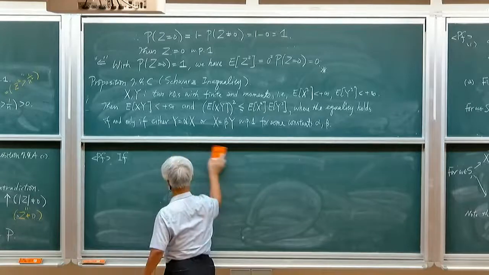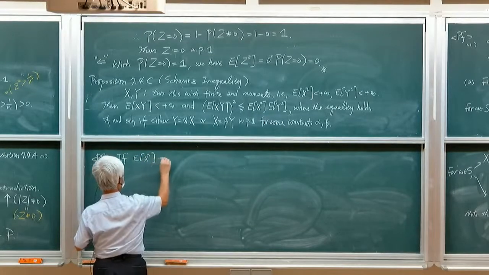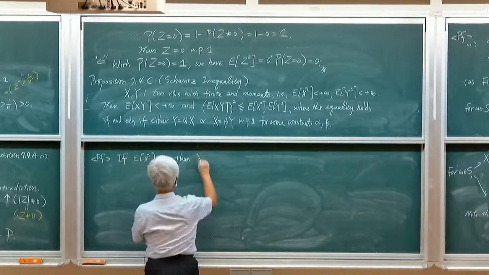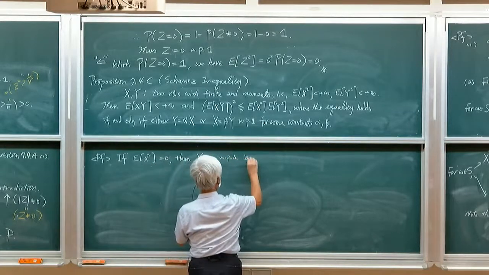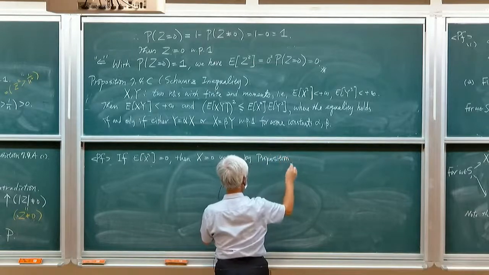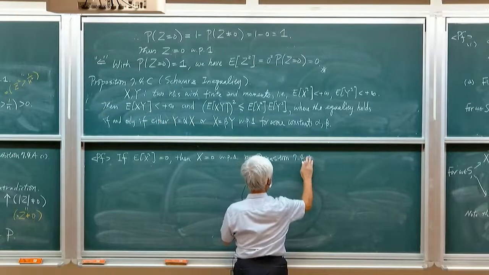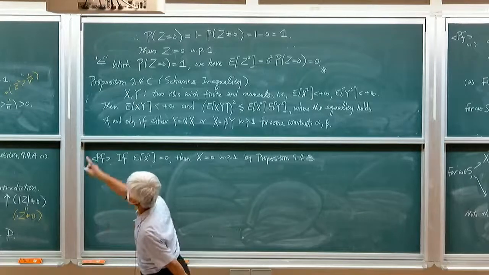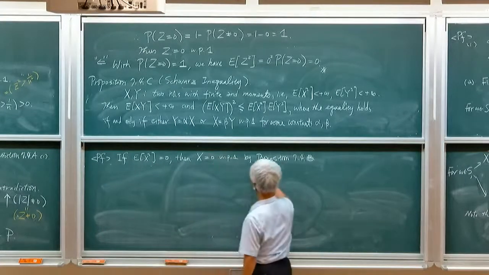Say, if the expectation of X squared is 0, then we know X equals 0 with probability 1 by the previous result. Yes, okay. So if the second moment of X is 0, then X is 0.